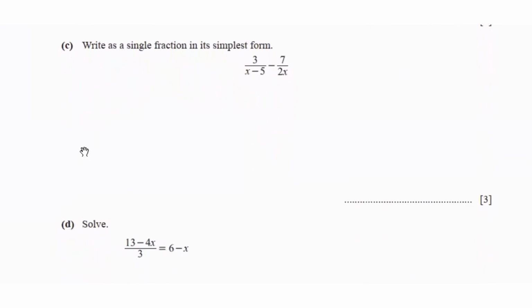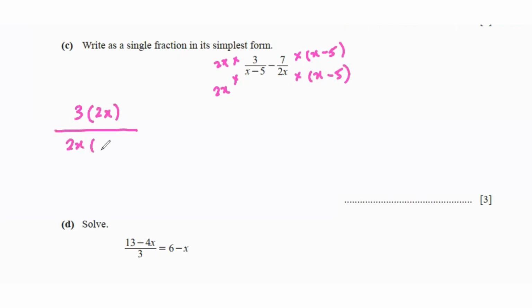Write as a single fraction. So we're going to multiply the first fraction by 2x and the second fraction by x minus 5, which will give us 3 times 2x over 2x times x minus 5, minus 7 times x minus 5 over 2x times x minus 5.